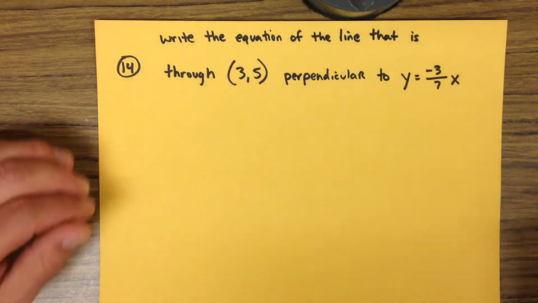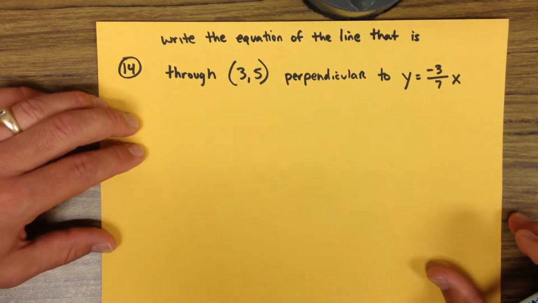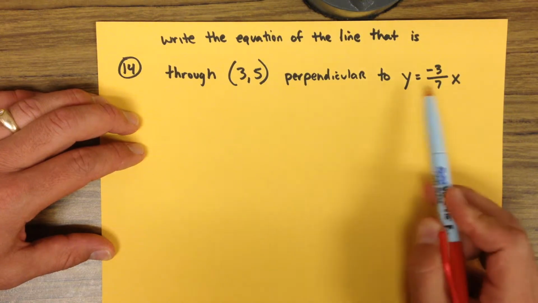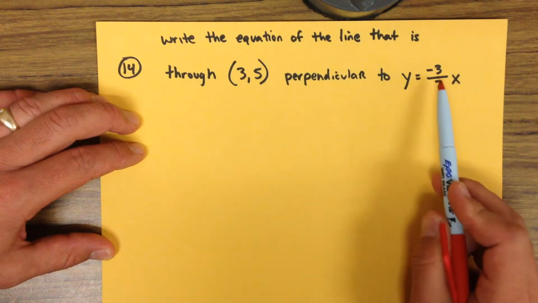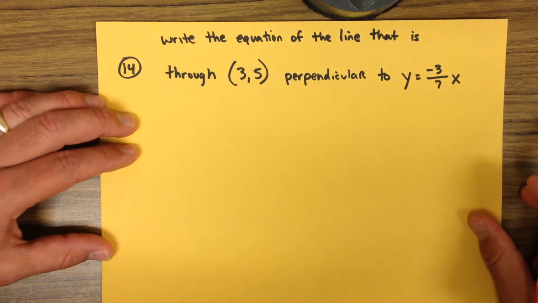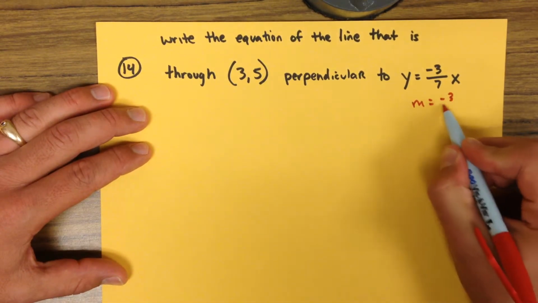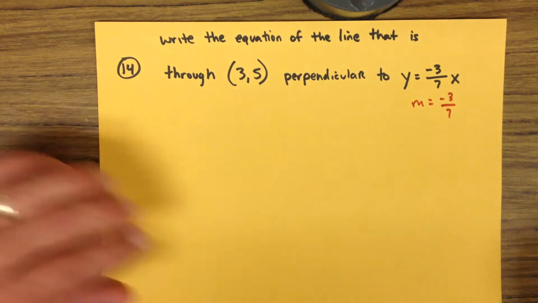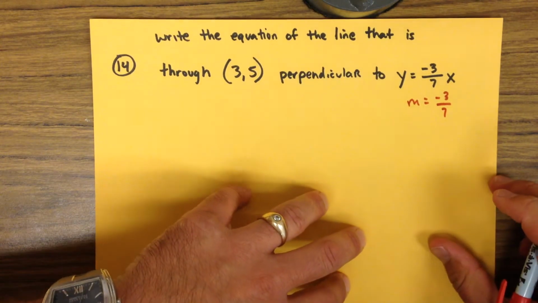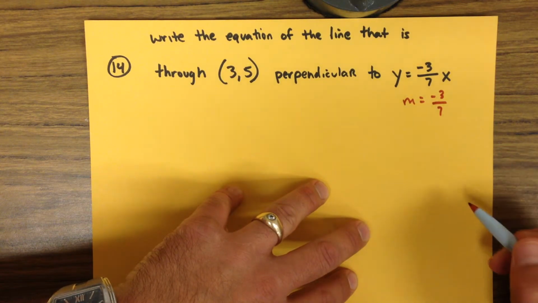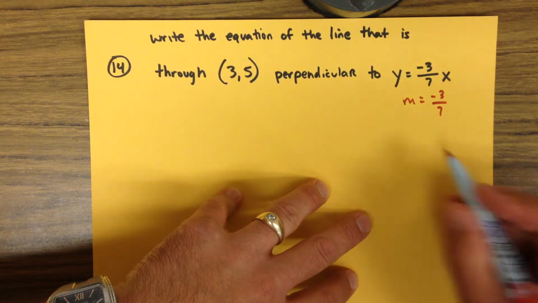Okay, number 14 says write an equation of a line that is through (3, 5), but perpendicular to y equals -3/7 x. Okay, so the slope of this line is -3/7. Perpendicular, a line that's perpendicular to a line that has a slope of -3/7.